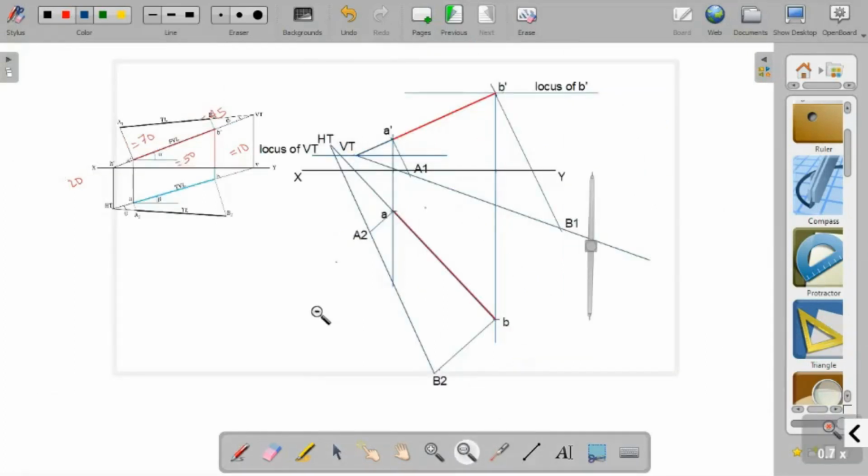Now here is HT, here is VT, and this angle is theta, and this angle we have already marked as 45 degrees. So this is 45 degree or phi, which is equal to 45 degree.